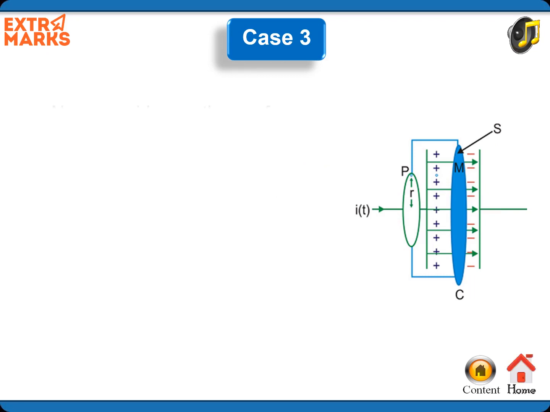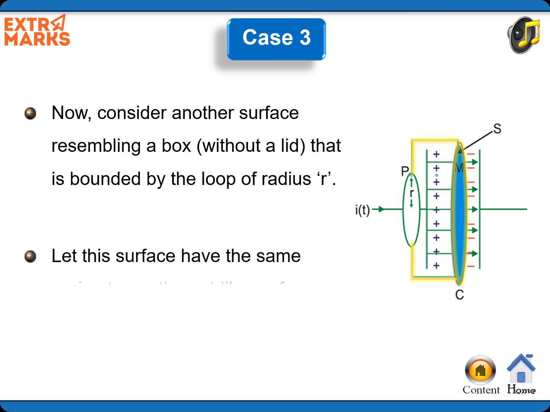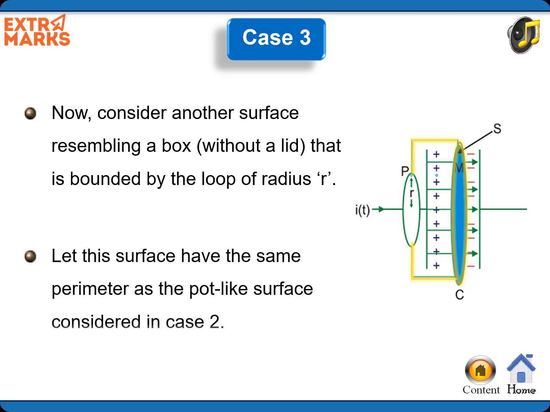In the third case, he considered another surface resembling a box without a lid that is bounded by the loop of radius r. Let this surface have the same perimeter as the pot-like surface considered in case 2.